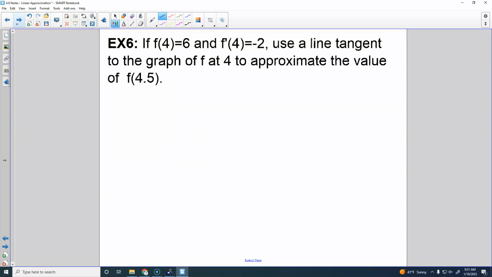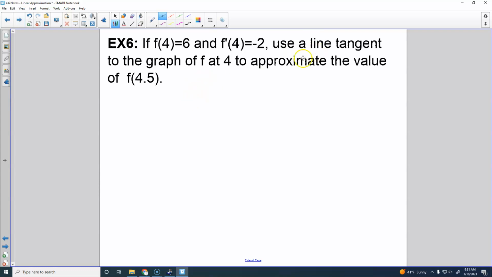Okay, so our next one, here's an example of something they like to do on the AP exam. f of 4 is 6, f prime of 4 is negative 2. Use a line tangent to the graph of f at 4 to approximate the value of f of 4.5. Sometimes it feels like you don't have enough information for this, but these are actually pretty simple, right?